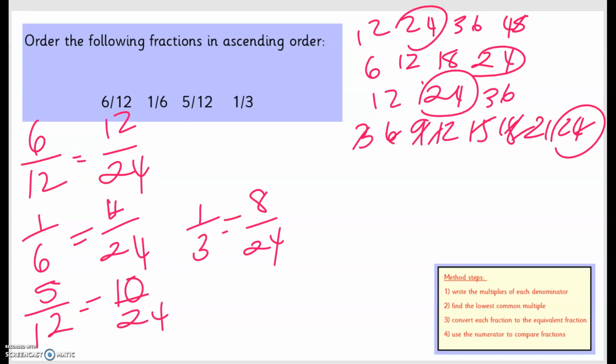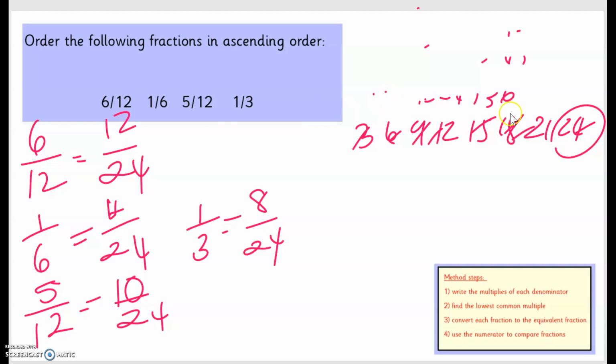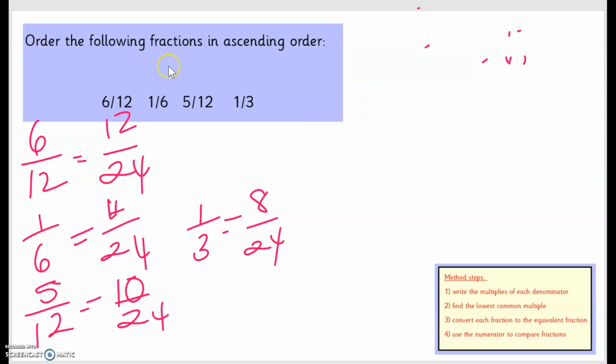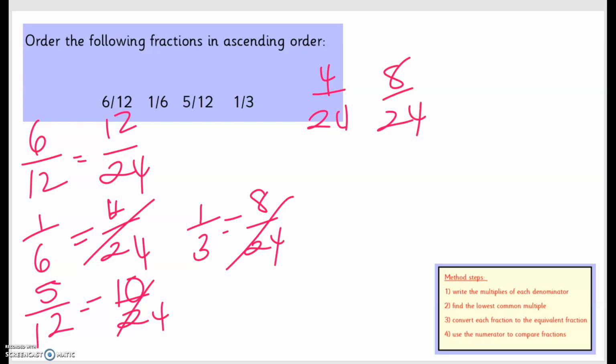So now I can do the exact same thing I did before. I'm going to write them in their 24ths first, and then write them in their original form, in ascending order, so smallest to biggest. So 4 24ths, 8 24ths, 10 24ths, and 12 24ths.